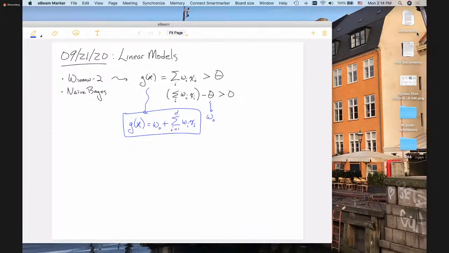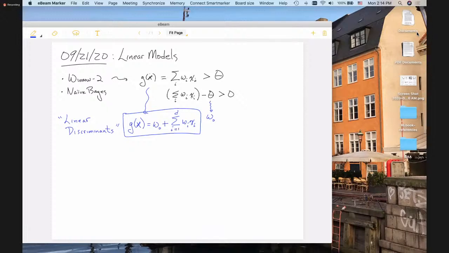All right, another term that you'll sometimes see tossed about when looking at these models, we sometimes call them linear discriminants. Because what we are doing with these models is discriminating between, in this case, two classes, a positive class and a negative class.